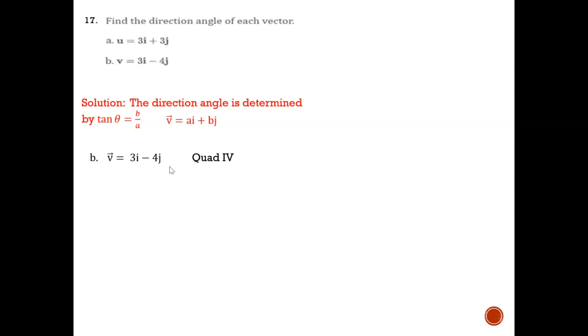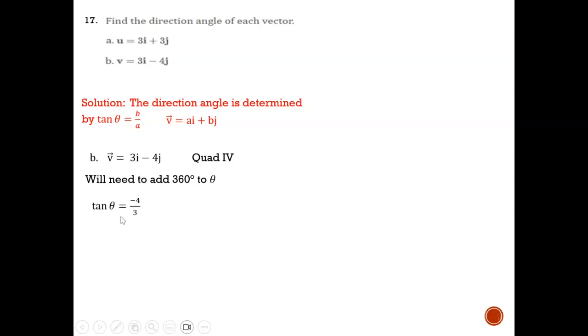If the tangent of theta is in quadrant 4, you add 360. If it's in quadrant 1, you leave it how it is. If it's in quadrant 2 or quadrant 3, you add 180 at the end. But here it's quadrant 4, so you're going to add 360.